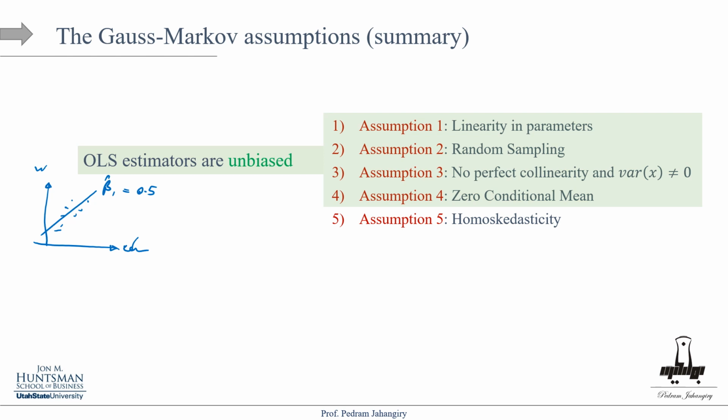And we know that there are hundreds of these numbers out there, depending on what sample we're using from the population. If I have assumptions 1 through 4, it is guaranteed that on average, we are hitting the true relationship in the population between education and wage.